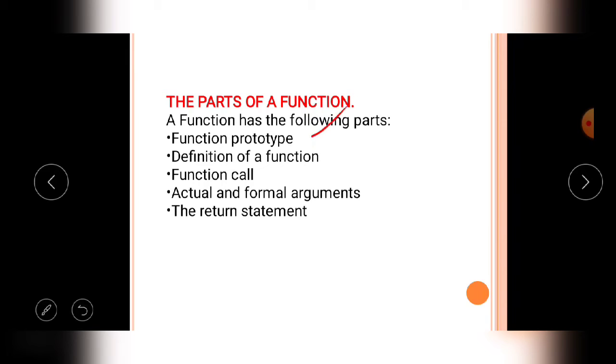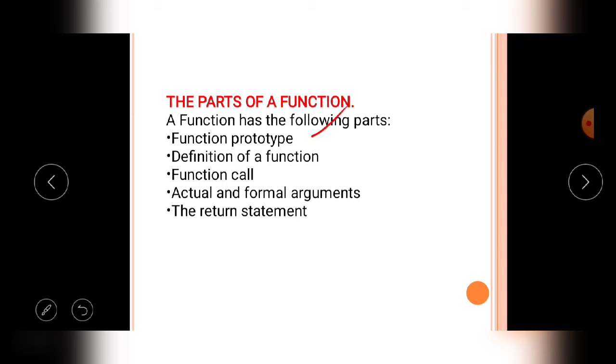Prototype means a syntactical rule, or the behavior of the function, is called the function prototype. That means what type of arguments the function will take, and after completion of the execution, what type of value it returns. This total information is declared in the declaration part with the help of the prototype declaration.